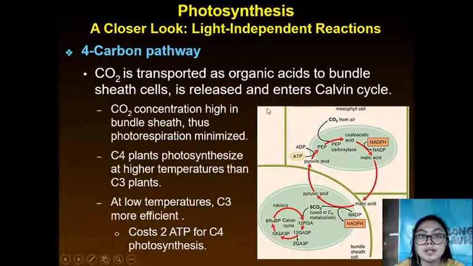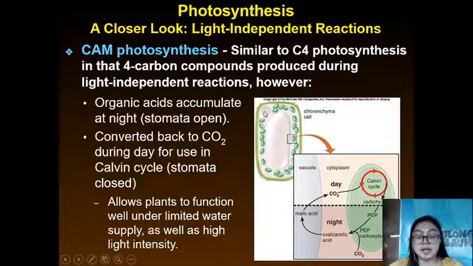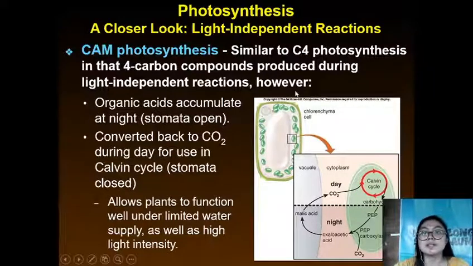So, lastly, CAM photosynthesis. It is similar to C4 photosynthesis in that 4-carbon compounds are produced during light-independent reactions.